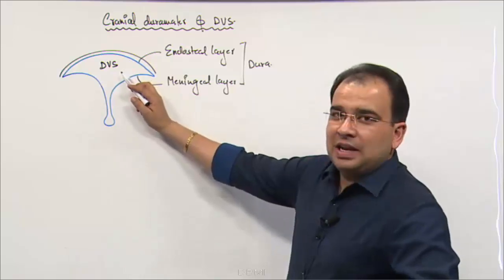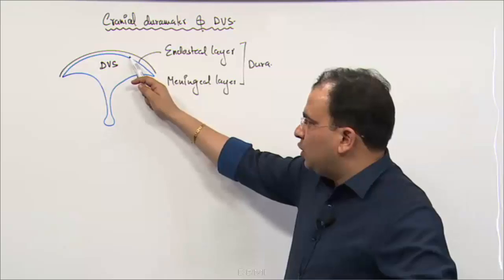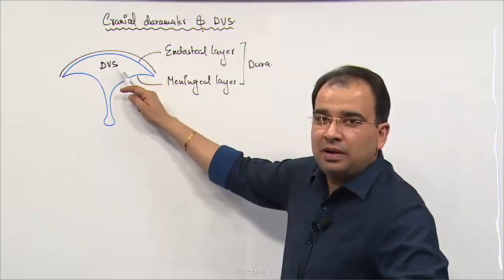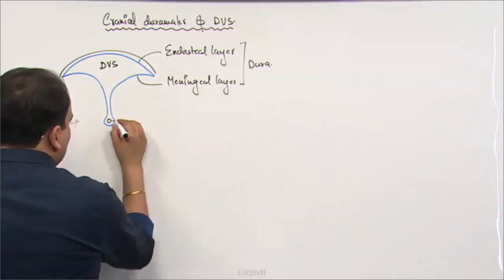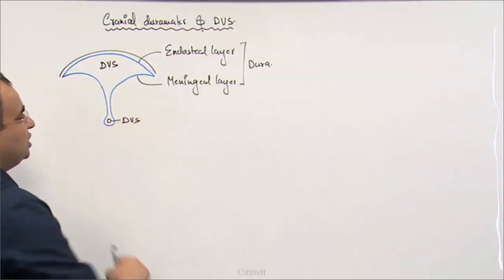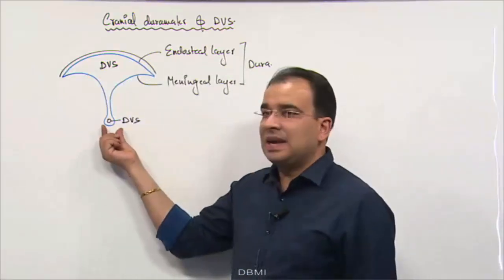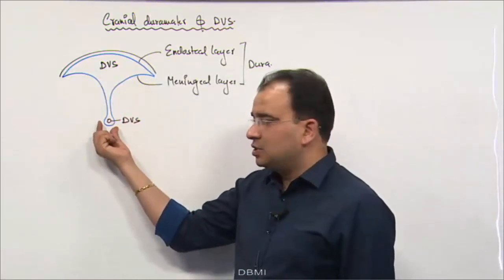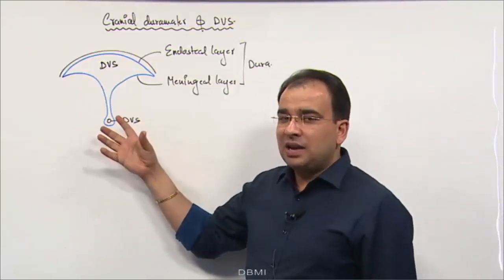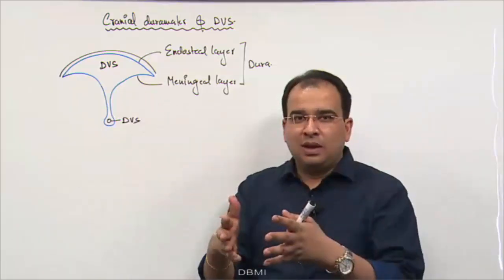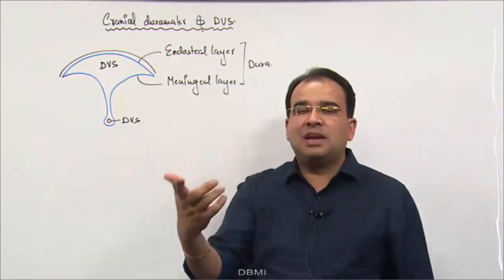Now, if you look at this picture carefully, dural venous sinuses are present either between the endosteal layer and meningeal layer of dura mater, or they are present only within the meningeal layer of dura mater. So we have some sinuses which are present only inside the meningeal layer. You can see this dural venous sinus is present only in the meningeal layer of dura mater, and those sinuses are the ones which are away from the bone. Like inferior sagittal, straight sinus, they are away from the bone, so they are only present in the meningeal layer.